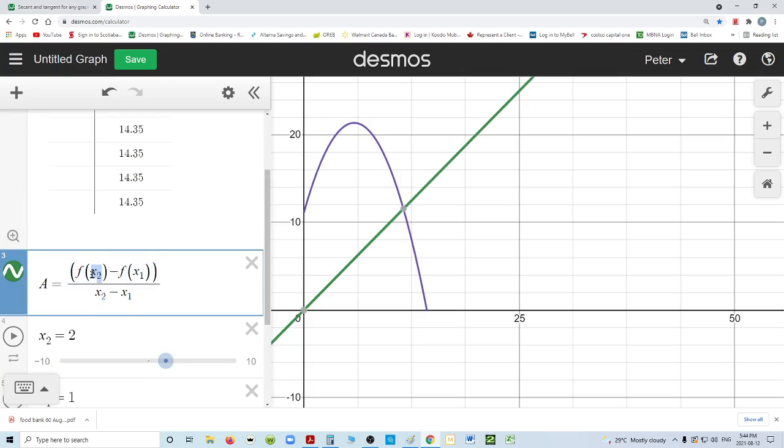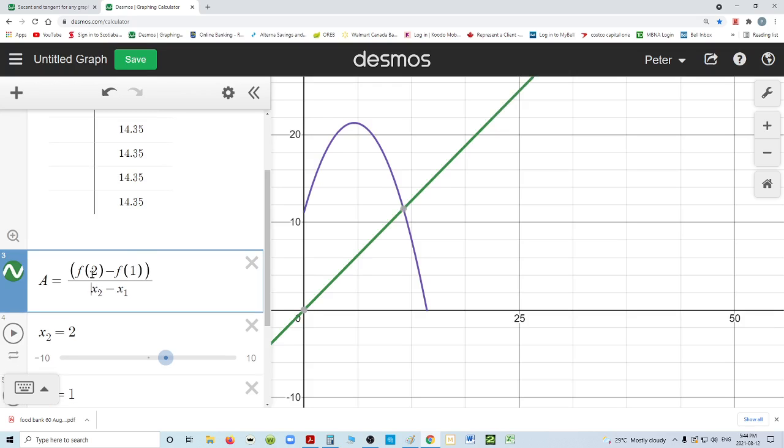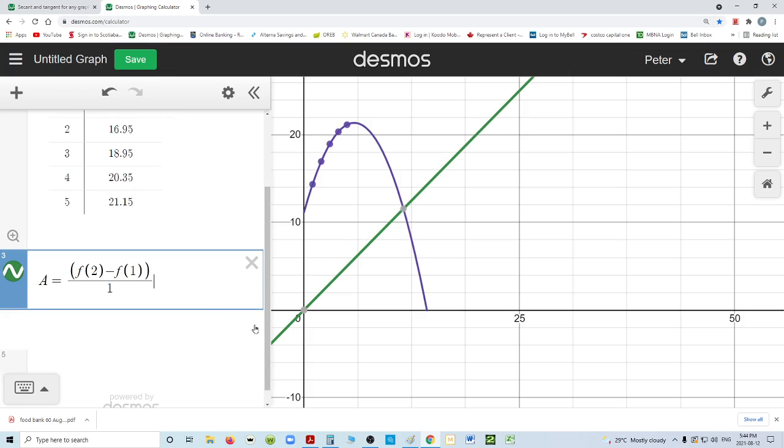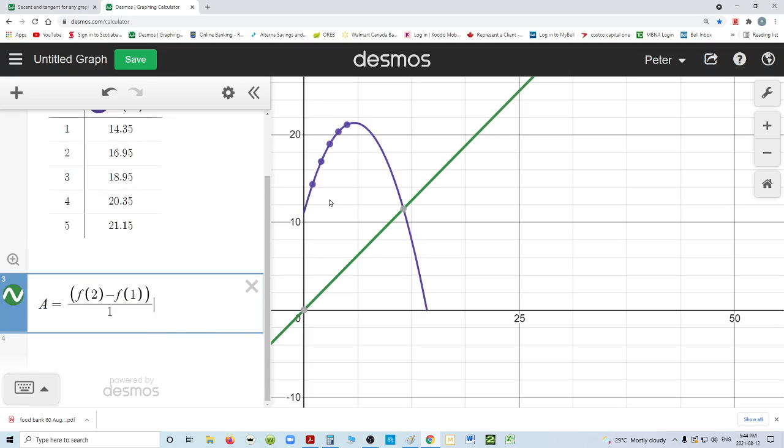So I can just say between 2 and 1 is going to be the same as 2 minus 1, it's always going to be 1 down here. And you can get your slope. Desmos is going to just give me a value. So that's the slope of that line between this point and this point, 1 and 2.